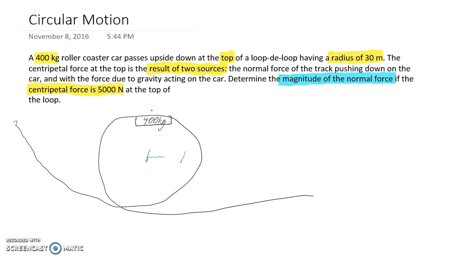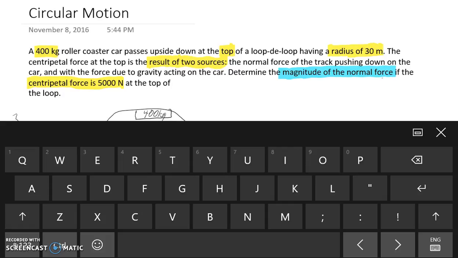Radius of 30 meters. Let's see if this becomes useful. I just like to understand the situation, so we'll write everything down. Radius of 30 meters. The centripetal force at the top is the result of the two forces, so we may as well write that down as well.